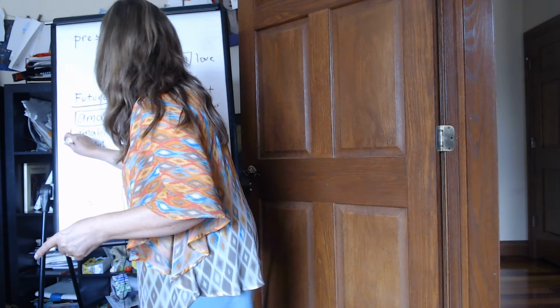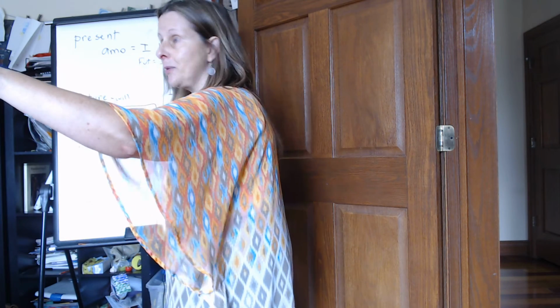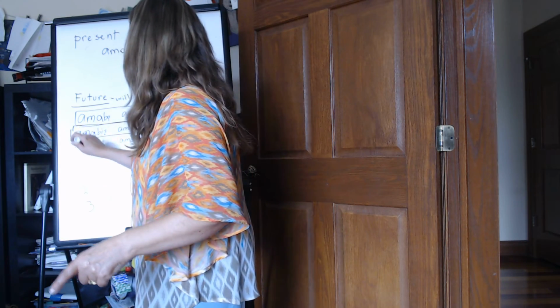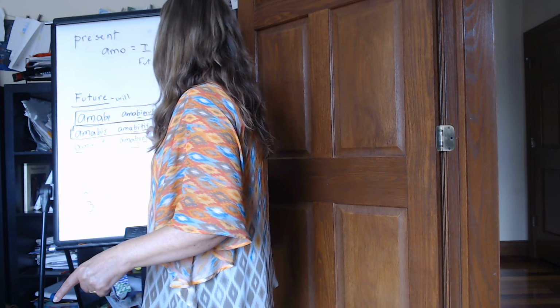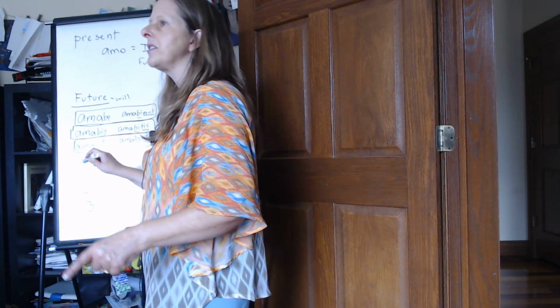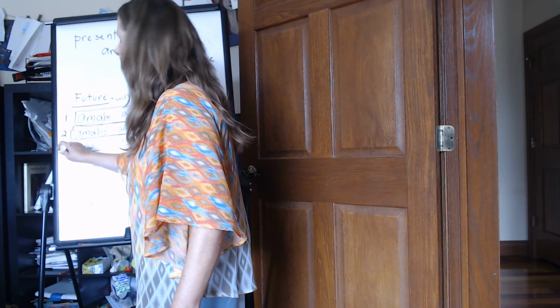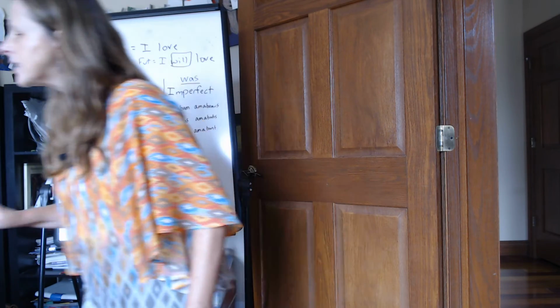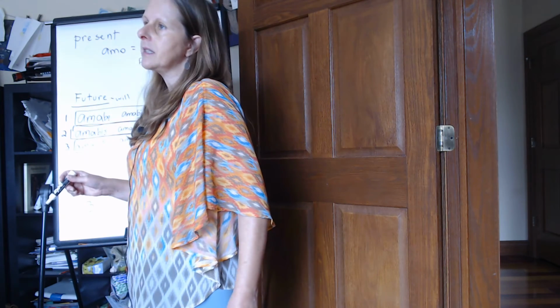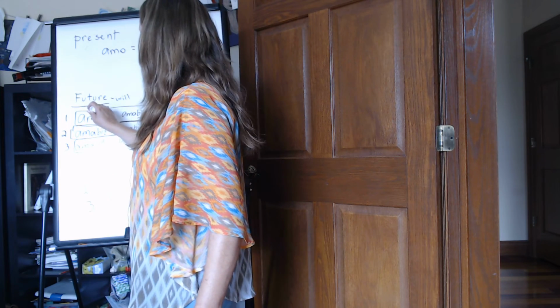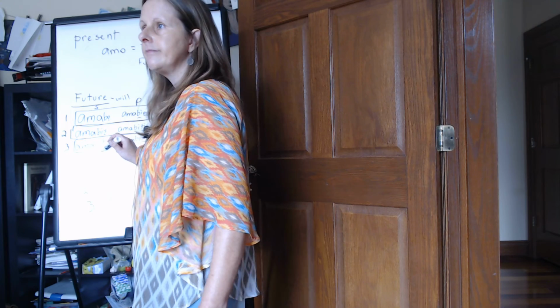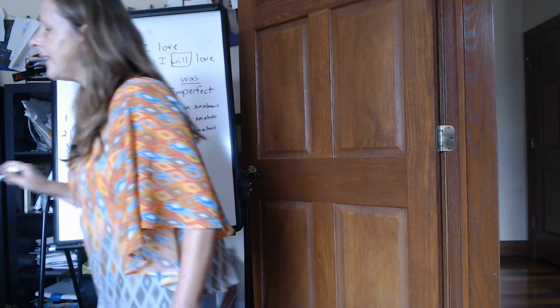Second person would be, I am talking to you. And third person would be, I am talking about someone else, he, she, they. And then they ask you, what number is it? We have 2 choices. Is it singular or is it plural? And then they ask you to translate it.